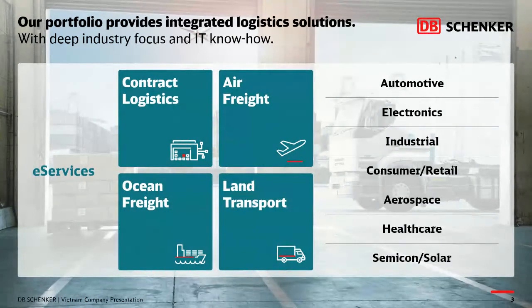For example, we have one salesperson in charge of consumer and retail. This salesperson will approach all the customers working in the consumer and retail sector, so they have a full background of consumer and retail, and deep expertise about the solutions for those customers.